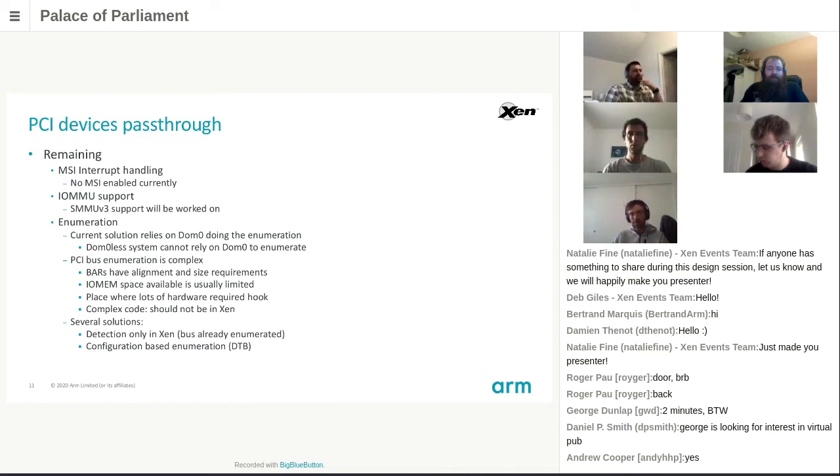So definitely we will check the x86 device discovery code to see how complex it will be to port it or to use it on ARM. At the moment, it's very, very minimal, so I don't expect it will be too complicated.